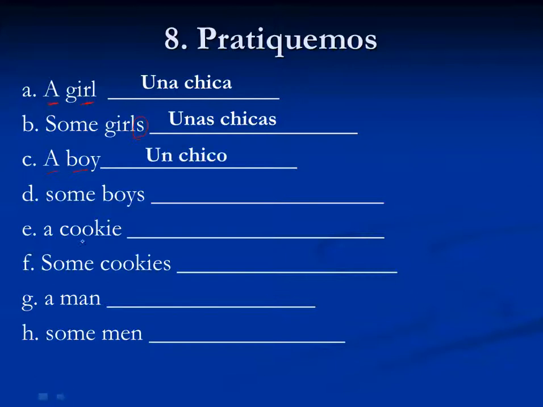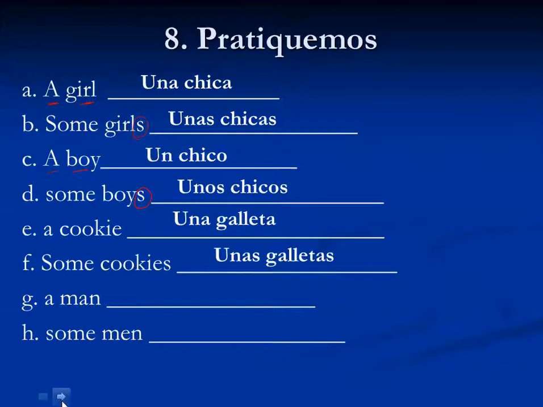So un chico. Some, we know it's masculine, and we know that's plural because it ends in an s. Unos chicos. A cookie. Una galleta. If we have some cookies, unas galletas. A man. Un hombre. Some men. Unos hombres.